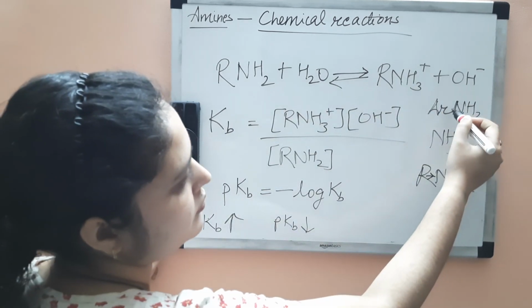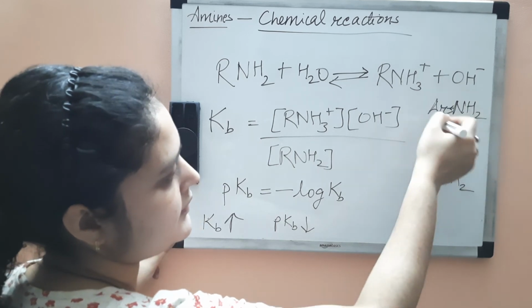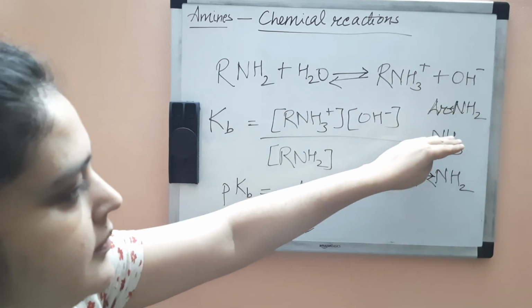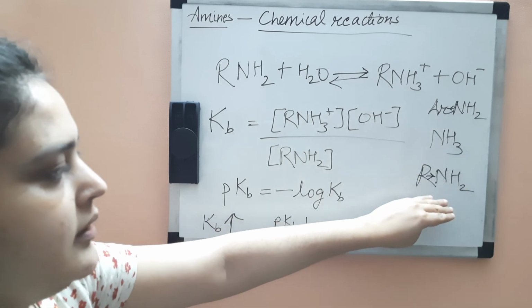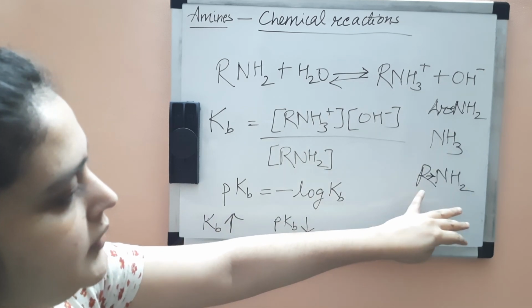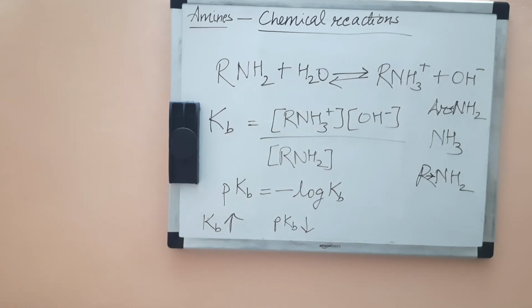So that's why this is less basic. So the order is: aryl amine is least basic, then ammonia, then aliphatic amine is most basic, right? So this was all about the basic nature of amines.